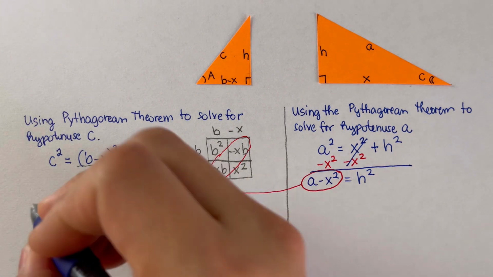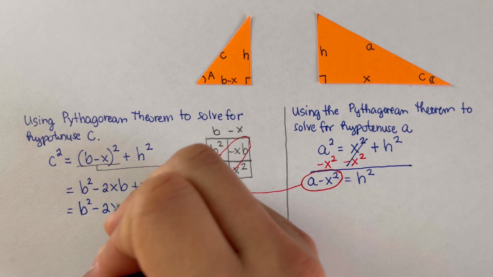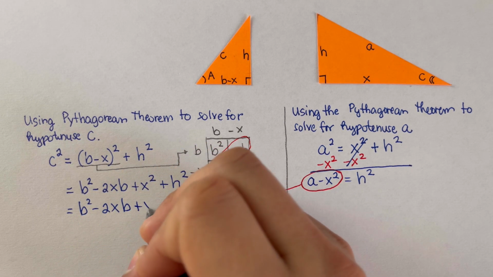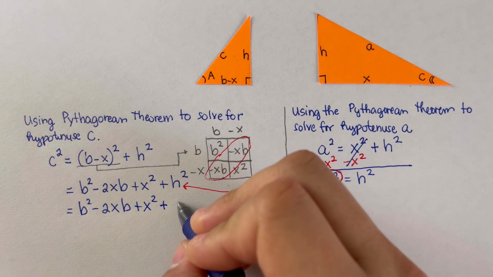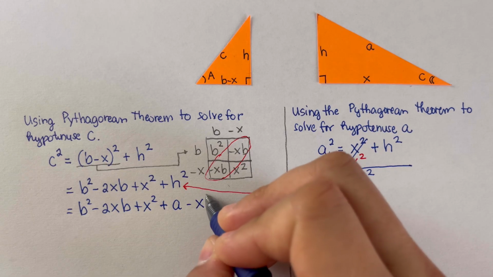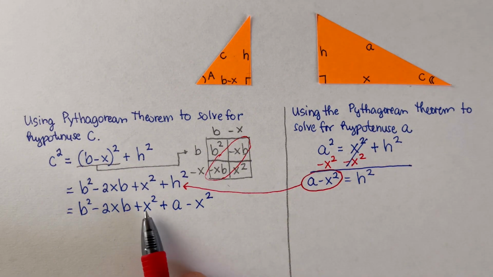So our equation comes out to be b squared minus 2xb plus x squared plus, again, this h squared is a squared minus x squared. Now, looking at this, we can combine the like terms.